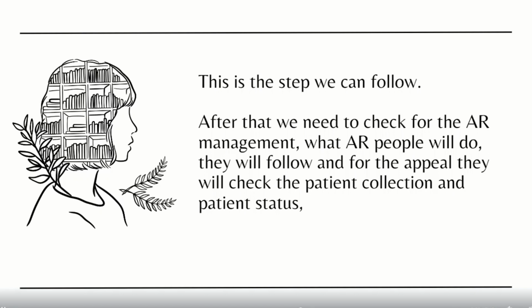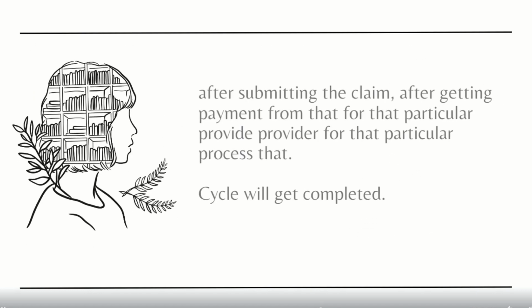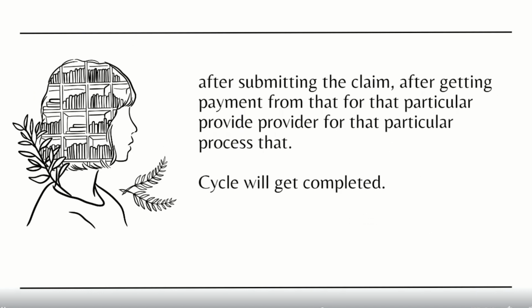After that, we need to check the AR management. What will AR people do? They will follow up, and for the appeal, they will check the patient collection and patient status. So these are the things we need to check in the RCM cycle. After submitting the claim and getting payment for that provider for that particular process, the cycle is completed.